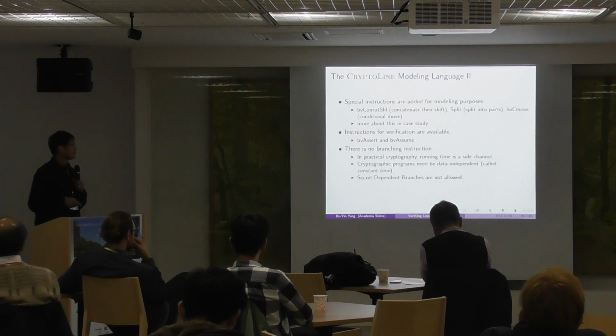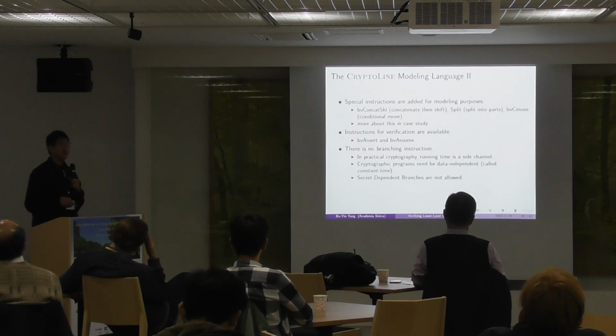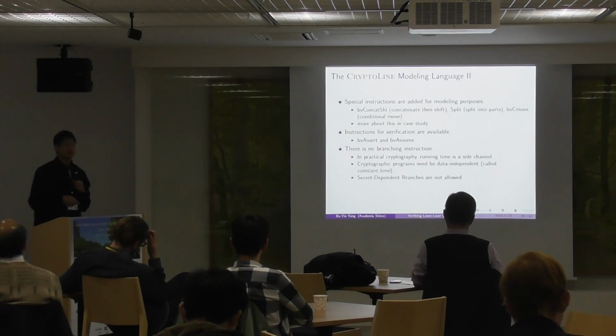Okay, so we are not dealing with any branching instructions for the moment. We hope to add it because running time is a side channel. Typically, there are no branches that we need to consider. Now, you might object. Some cryptographic software do have branches, but that's fine.